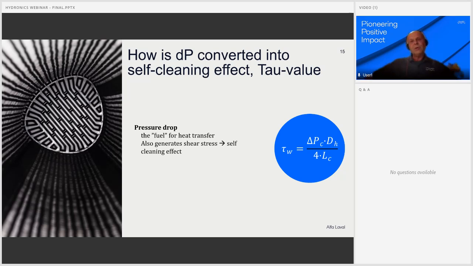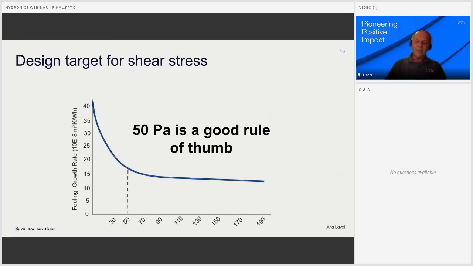One thing we should also take into consideration: in a heat exchanger, we have a self-cleaning effect. It's a shear stress over the plate and it's driven by the pressure drop, and we call it the tau value. To give the tau value a definition, we talk about Pascal. Here we can see on the left the fouling growth rate in combination with the Pascal as shear stress, the tau value.